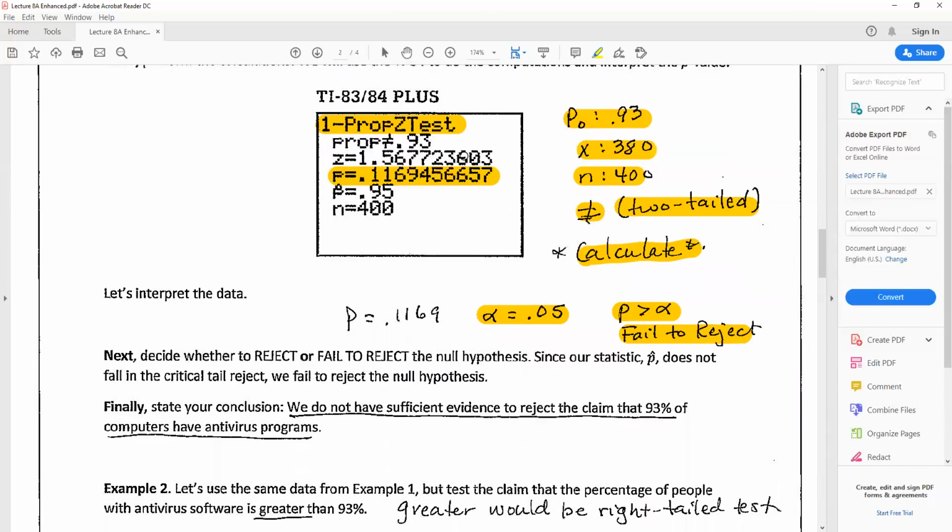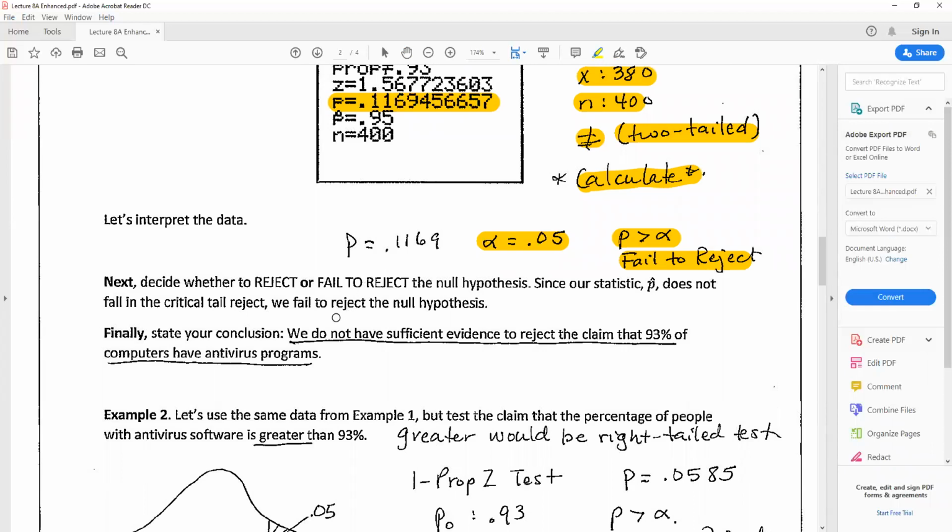And if we fail to reject the null, then we would simply say that we do not have sufficient evidence to reject the claim that 93% of computers have antivirus programs. In other words, it appears that the null hypothesis wins this argument, so to speak.